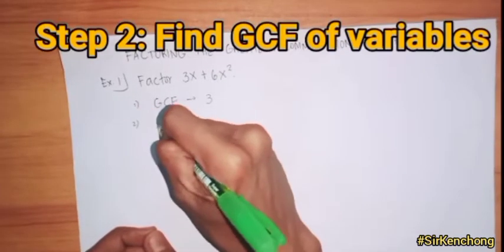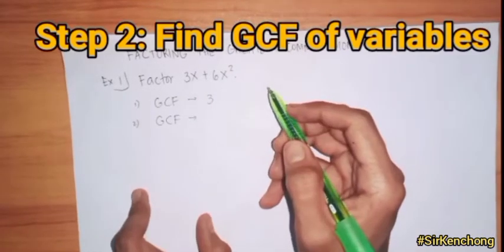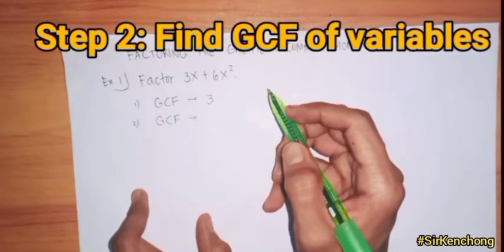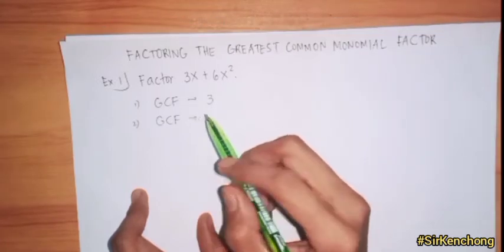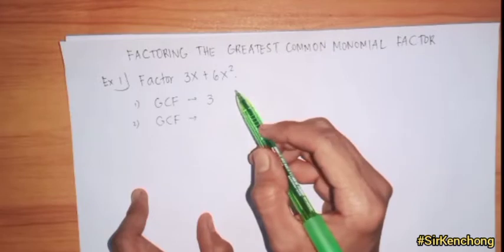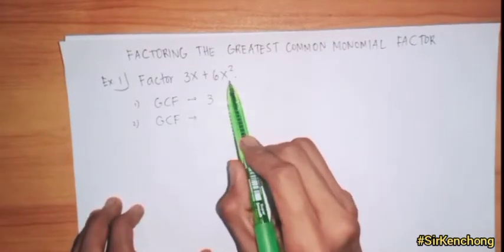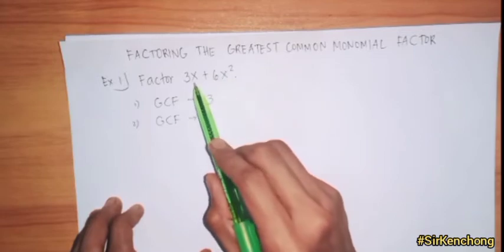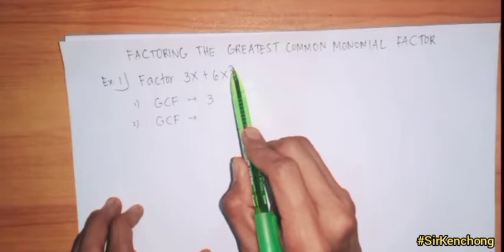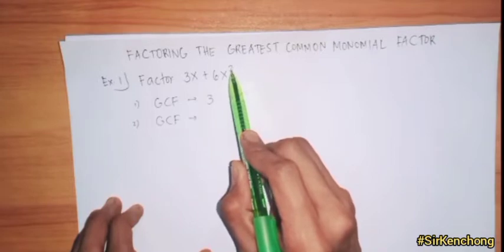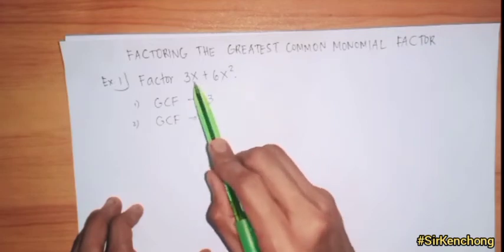Second step is to find for the GCF of the variables. So how do we find for the GCF of the variables? Hanapin lang natin yung variable with the least exponent that appears in all the terms of the polynomial. So we have 2 terms here. So meron tayong x to the 1st power and x squared. So ang variable na may pinakamaliit na exponent ay ito.